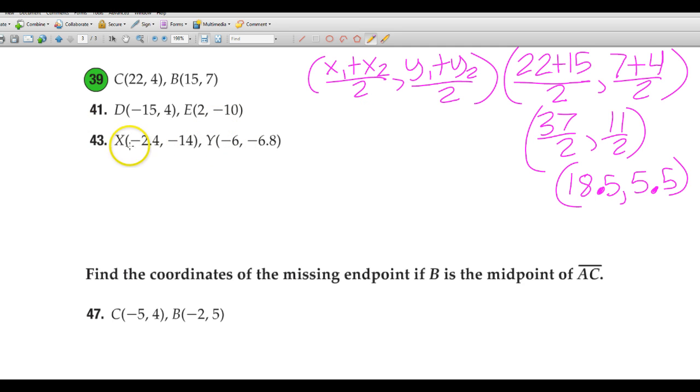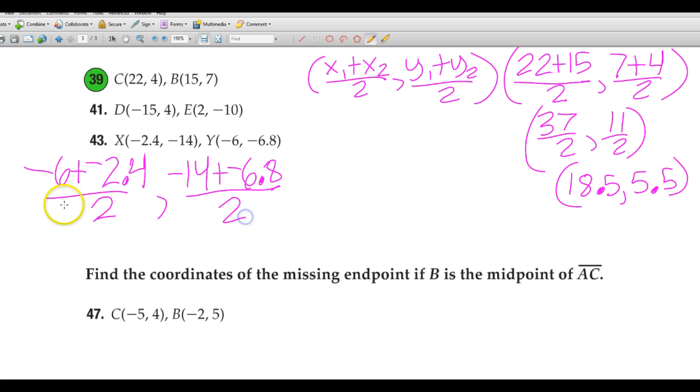Same idea with 43. So add your x's, -6 and -2.4. Take half of that and add the y's. So -14 and -6.8. And divide by 2.